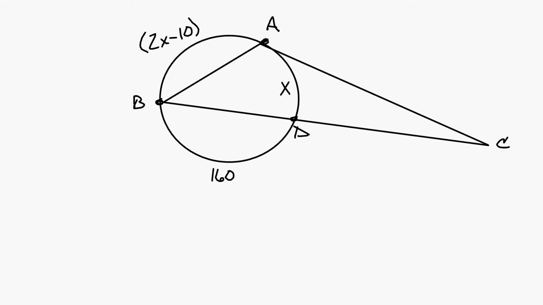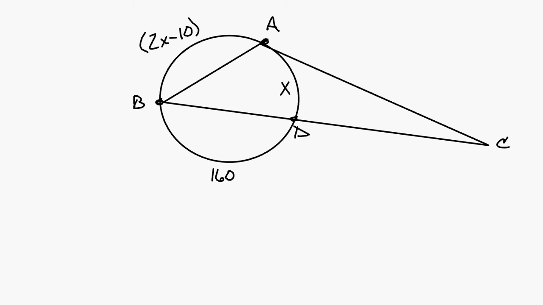Given this picture, let's say that you are asked to find all the angle measures in triangle ABC. Can anybody tell me what you might do first?